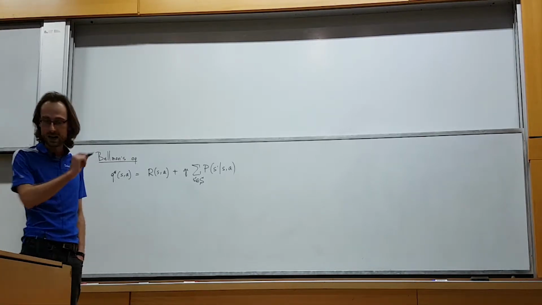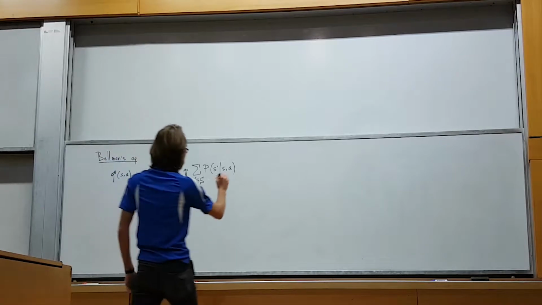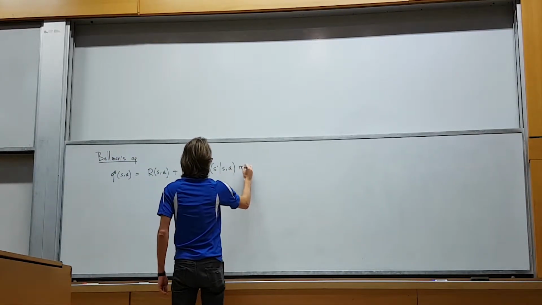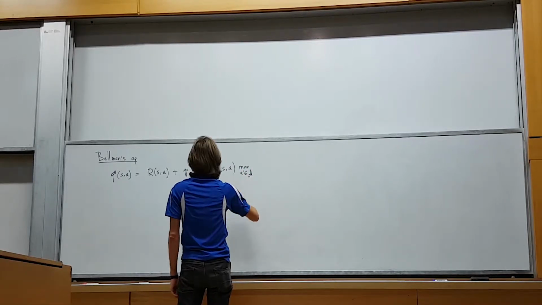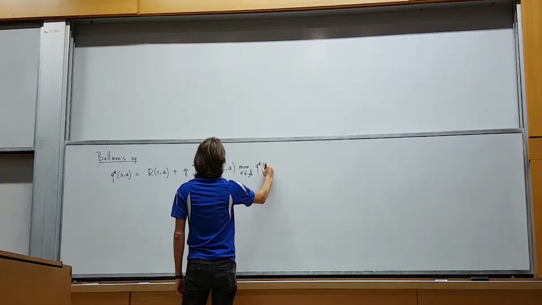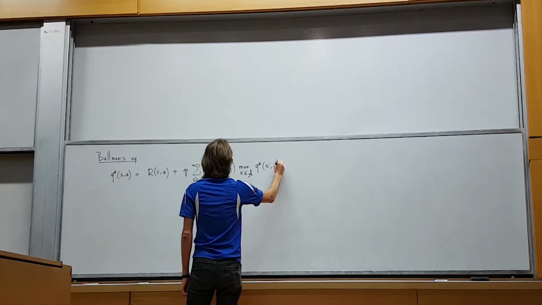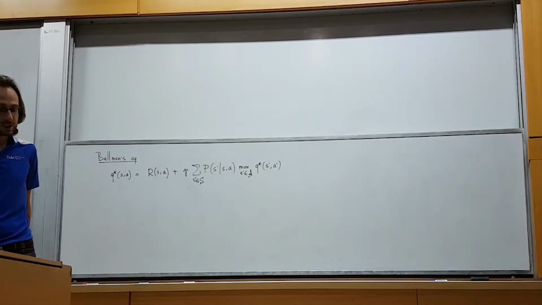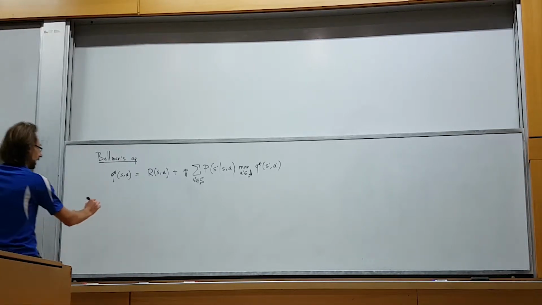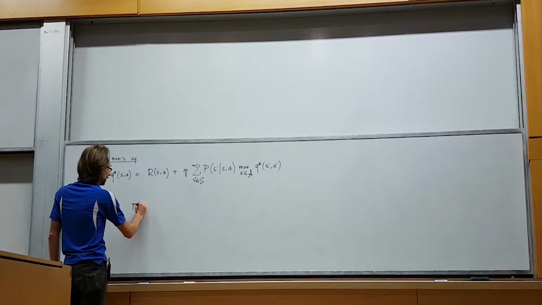And then basically I'm taking maximum over all possible actions A prime, of Q star from S prime to A prime. Okay, so this was Bellman's equation, and a value function that satisfies this equation is guaranteed to be optimal. And then once we have this optimal value function, we can easily derive a deterministic optimal policy.